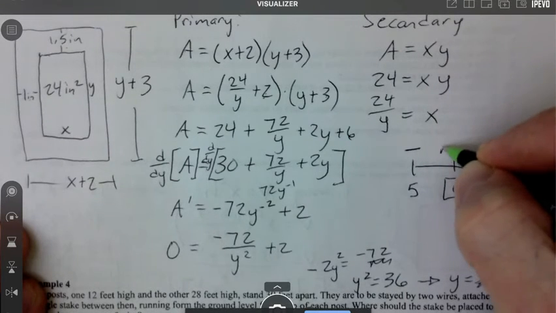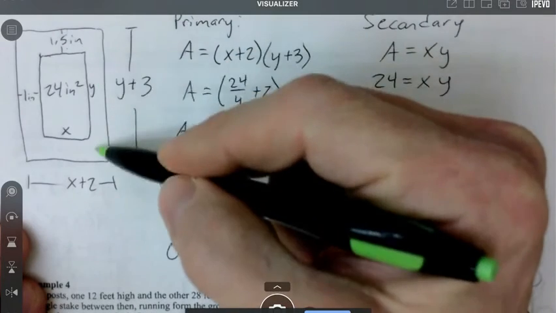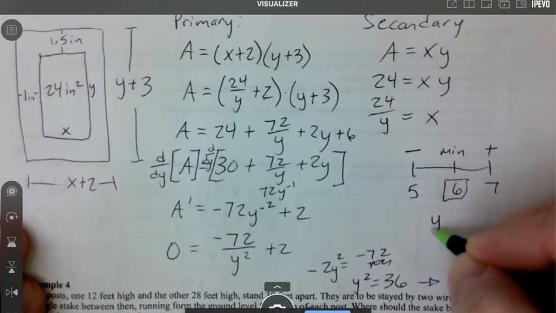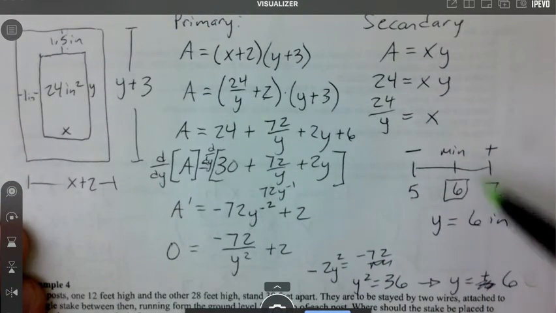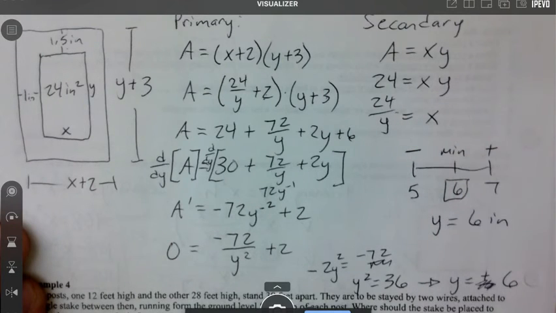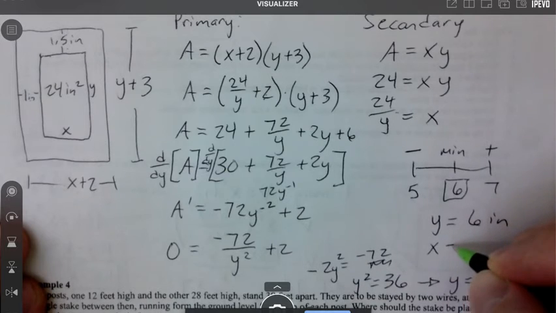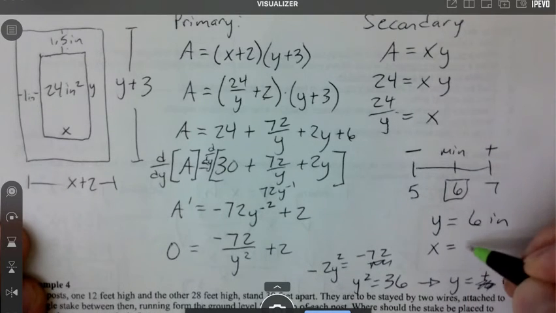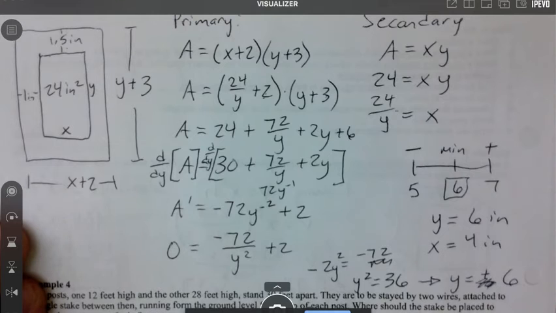So that confirms that y equals 6 is a minimum. That means this vertical dimension is going to be 6 inches. Then if I throw in 6 for y, 24 divided by 6, x is going to be equal to 4 inches.